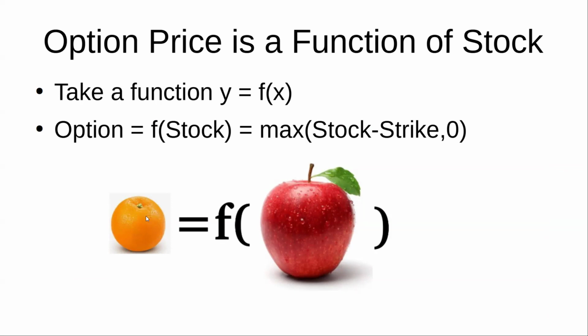So the orange, which is the option, depends on the apple, which is the stock, which is obvious because the price of an orange at expiry depends on the stock. So it's stock minus strike for a call option. So we can model this as a function. Y is the orange, X is the stock, and F is the function.